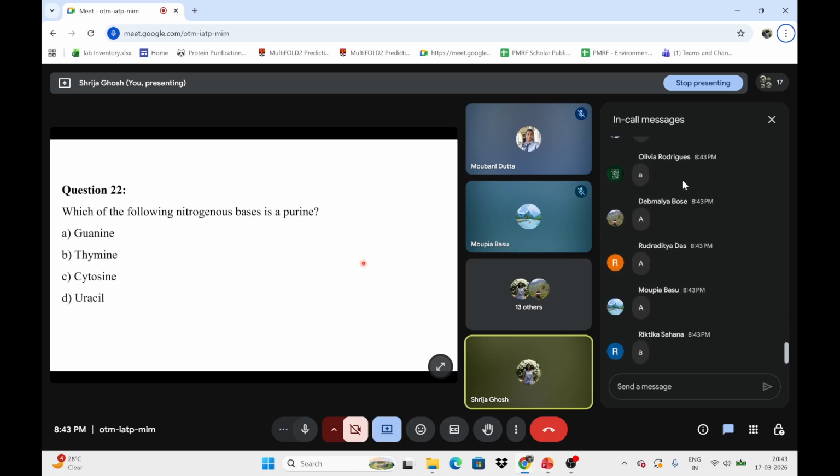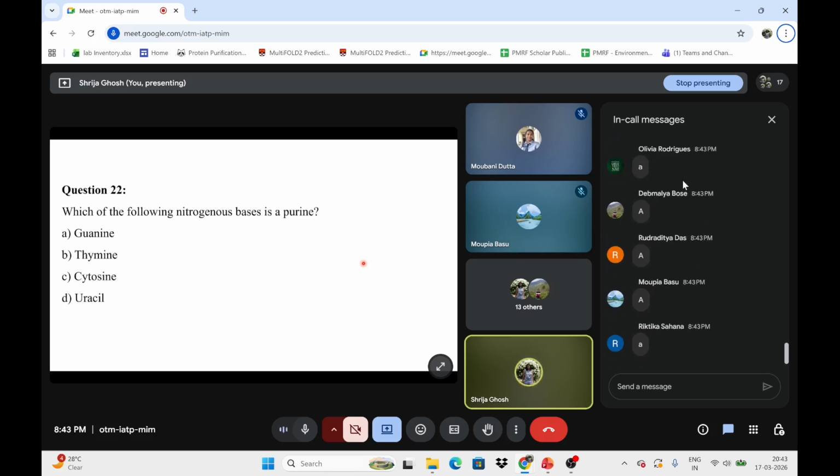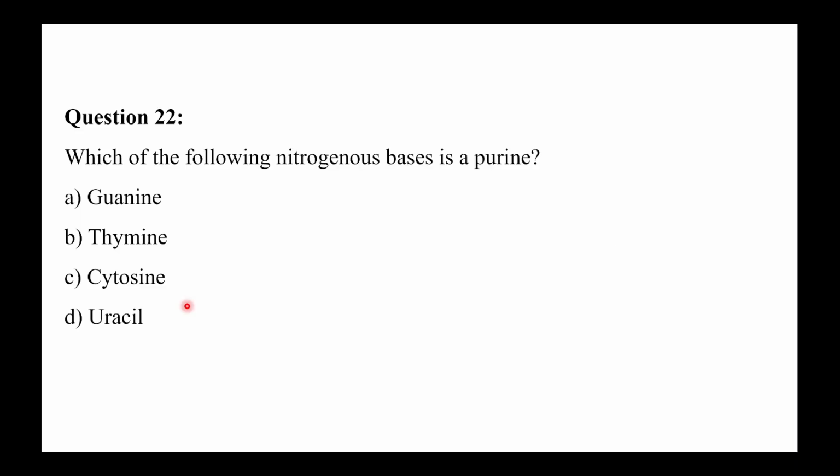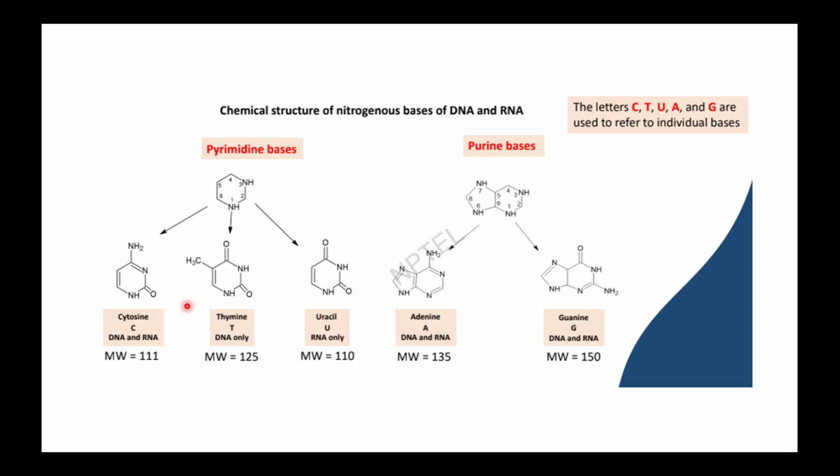Okay. I can see most of you have answered option A, guanine. That is the correct answer. So you can see cytosine, thymine, and uracil are pyrimidine. Adenine and guanine are purines. So the difference between pyrimidine and purine is the ring structure.